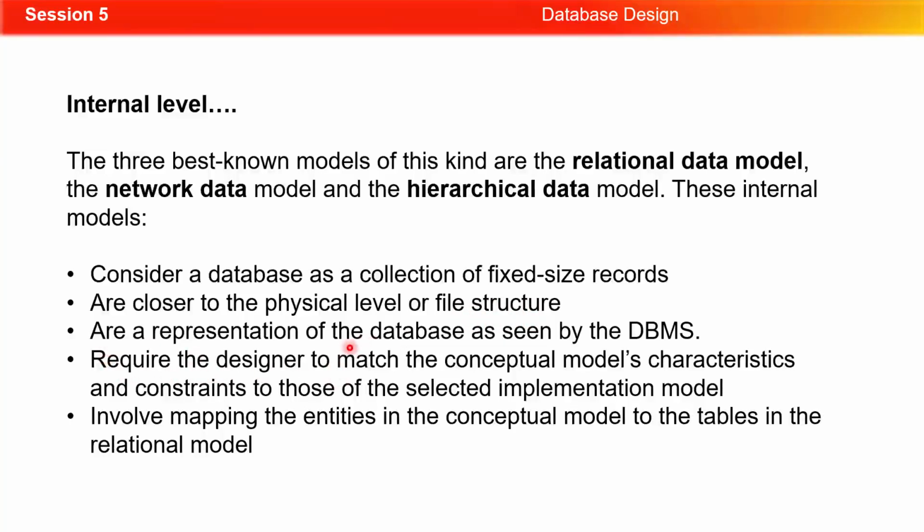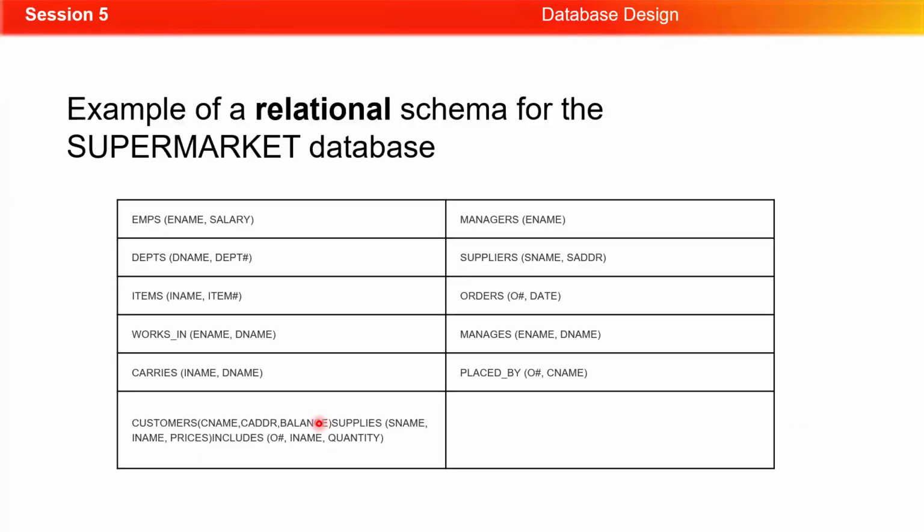They are representations of the database as seen by the DBMS, require the designer to match the conceptual model's characteristics and constraints to those of the selected implementation model, and involve mapping the entities in the conceptual model to the tables in the relational model. And here we can see an example of a relational schema. So there is an EMP here, short for employee, that's capturing employee name and salary.